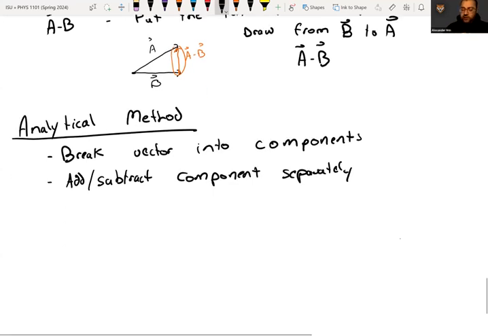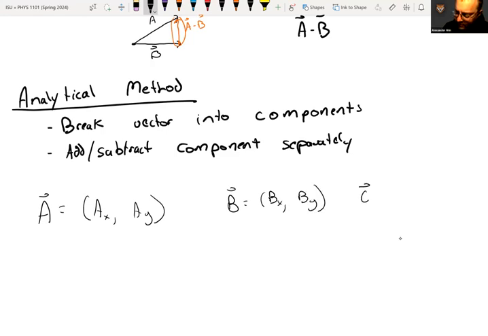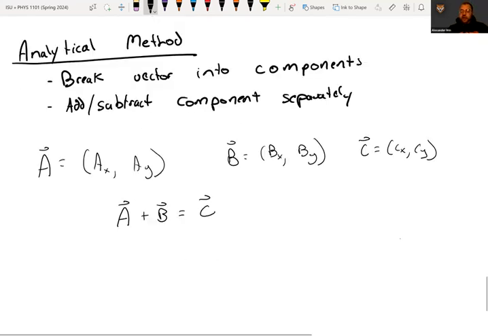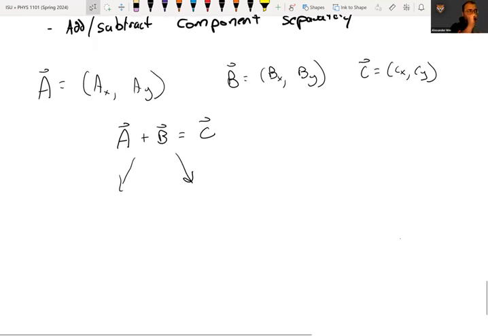Okay, so the idea here is that if we have a vector A, and this is just written as A sub X comma A sub Y, and we have a vector B, which is B sub X and B sub Y, and finally we have a vector C, which is C sub X and C sub Y, and these vectors follow the relationship that A plus B is equal to C. The idea is that this says two separate things if the vector's in two dimensions.